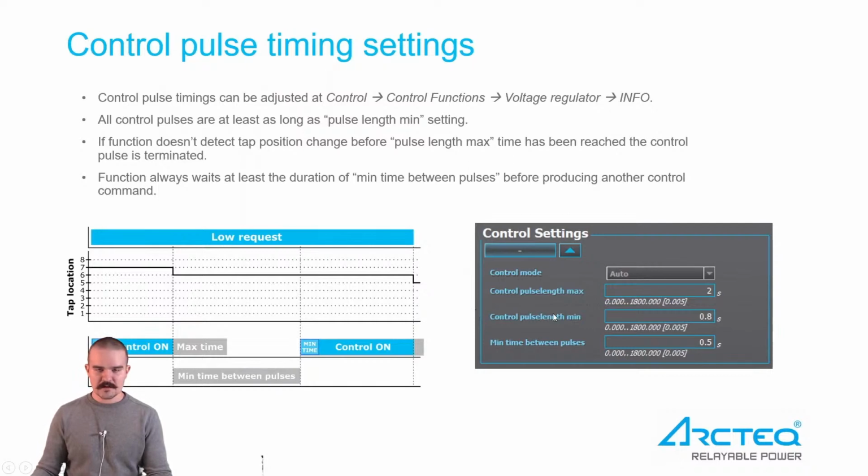But if the function doesn't detect tap position change before this pulse length maximum has been reached, then it terminates the control signal. And then the function always waits this minimum time between pulses before producing another command.